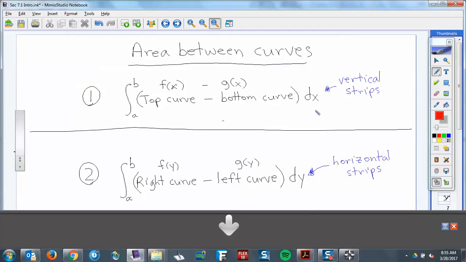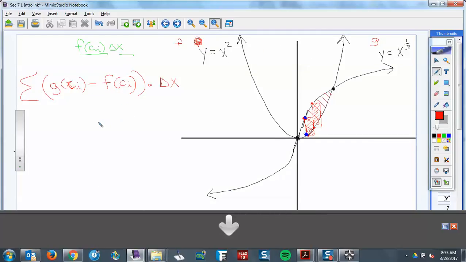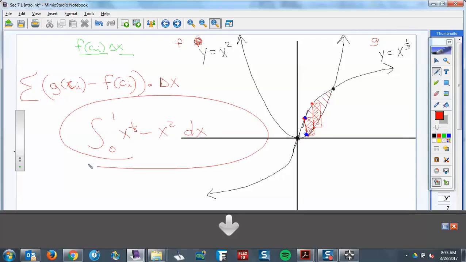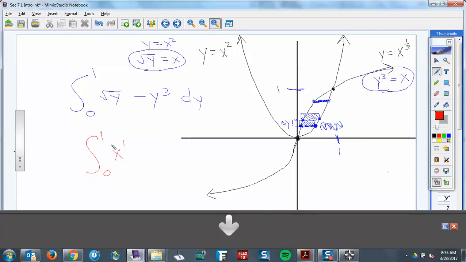On this one, it should have been the integral from 0 to 1, and it would have been the top y value, which would have been x to the 1/3, minus the bottom y value, which is x squared, dx. So let's type both those in and see what we get.